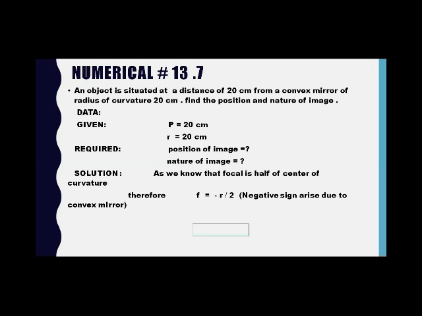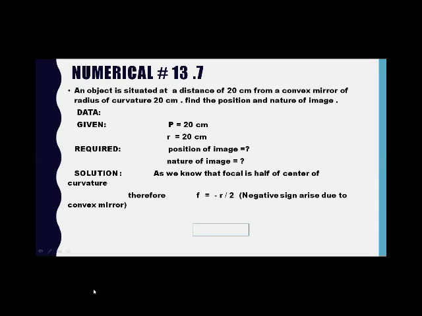Why is minus showing here? Because the negative sign arises due to the convex mirror. I told you that for a convex mirror, focal length will come negative, and in the previous numerical I told you why we say it is a convex mirror, because we are getting f in negative, right?